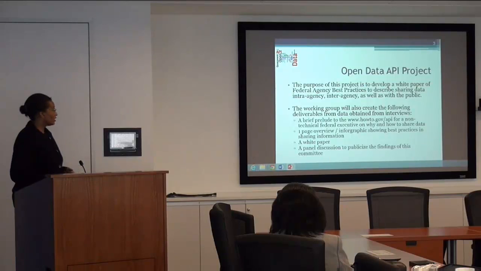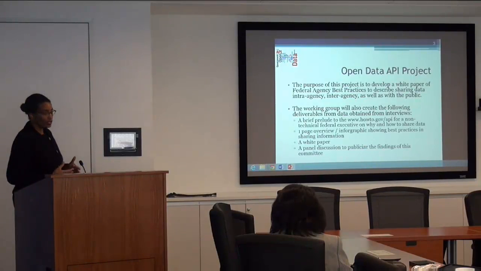And we're using that information to create really about 4 different things. The first is a kind of a prelude to how you would share the data, and that's part of the one-page overview. So we're getting an idea of how data is shared, and so the first part is really the survey results.